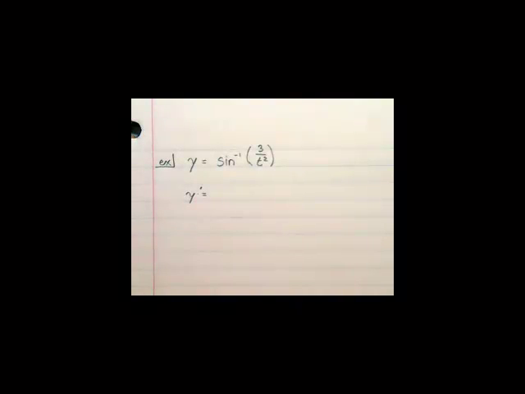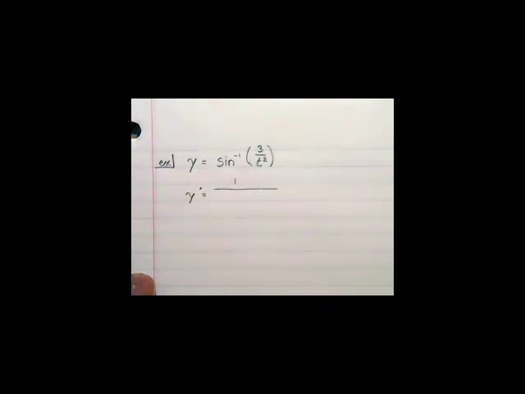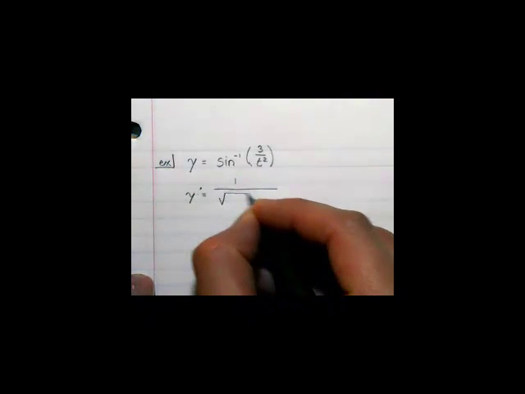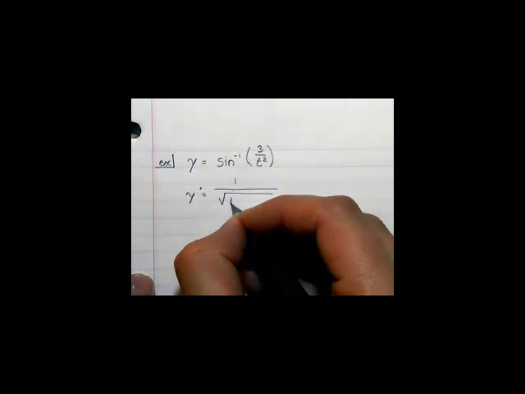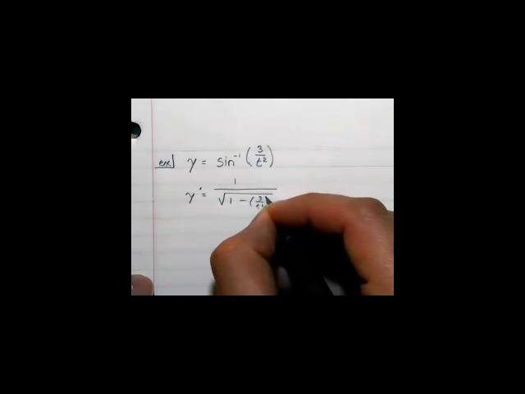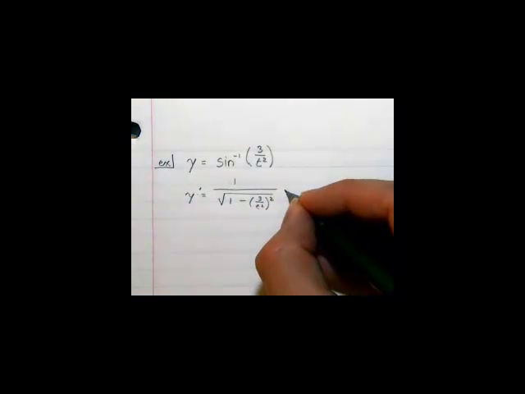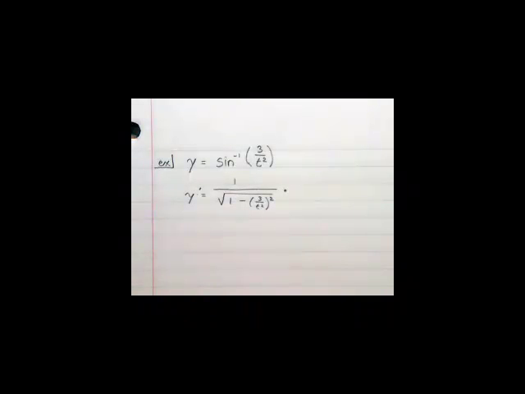So the derivative of inverse sine, we said was... I don't have that memorized offhand. Okay, so 1 over square root of 1 minus 3 over t squared, squared, and then I got to multiply by the derivative of 3 over t squared, right?